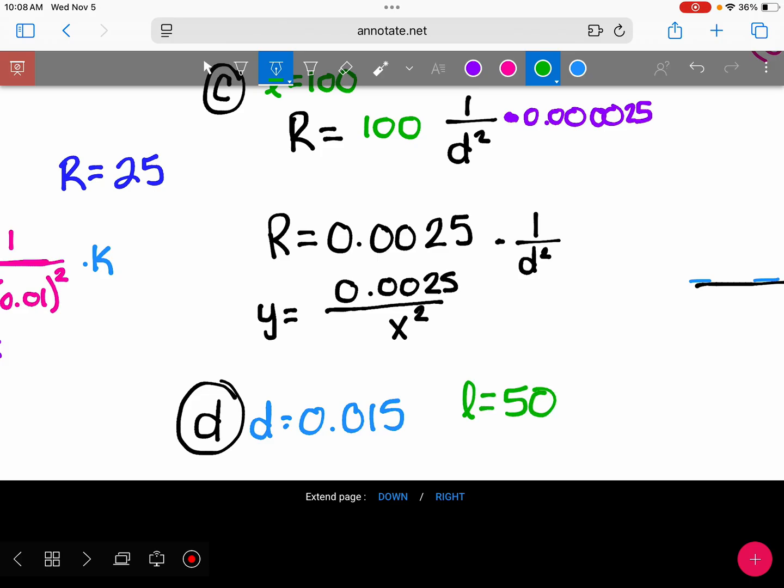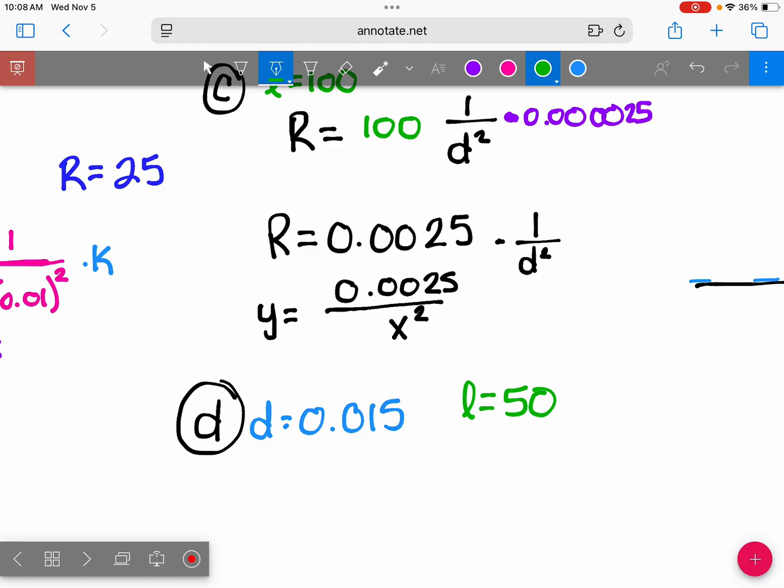And we're asked to find R. So we know K, we know a diameter, we know 50. We're going to take our equation, plug in our diameter, plug in our length, and plug in K, and we're going to be able to make this prediction.